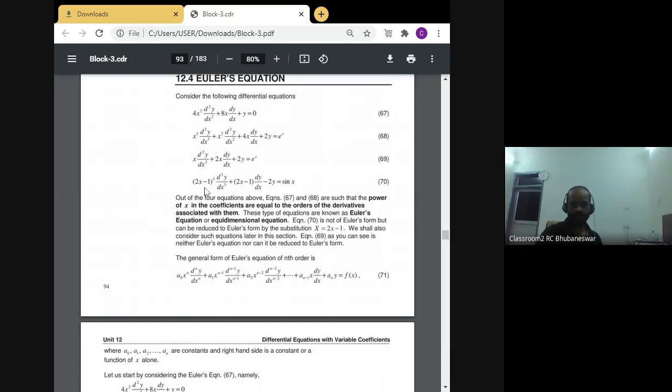Because if we substitute 2x minus 1 equals capital X, then it will be our desired form of Euler's differential equation. So now let us see. Whatever constants we have used here, a0, a1, a2, up to an, all the constants in the right hand side are functions of x alone.